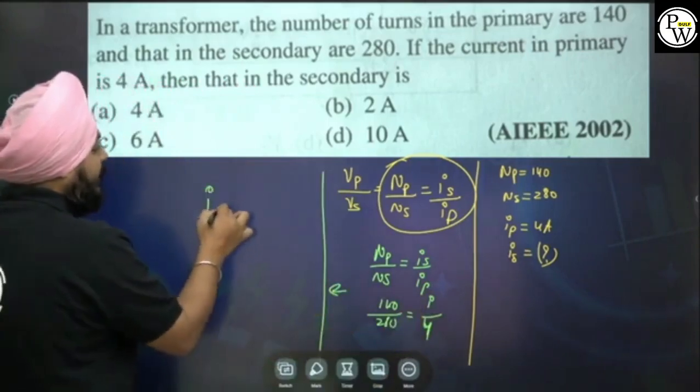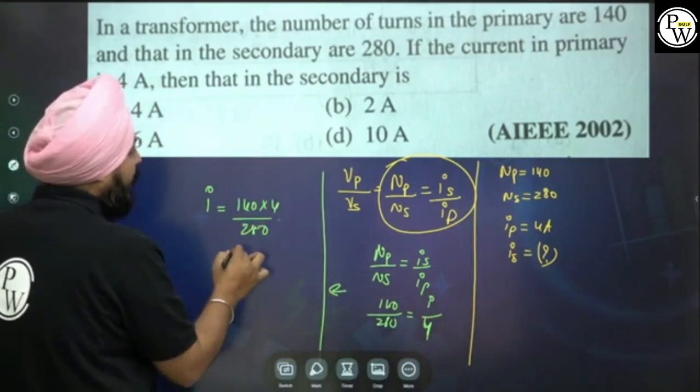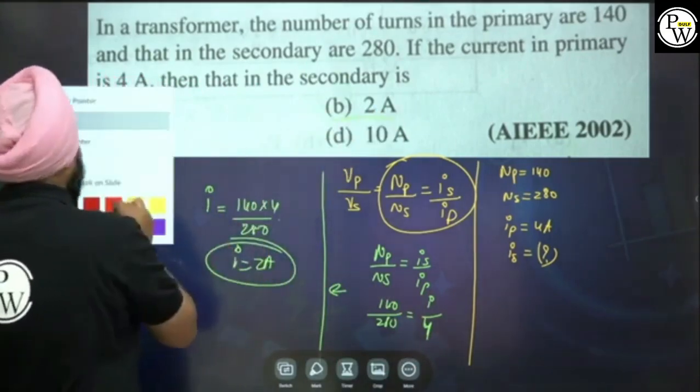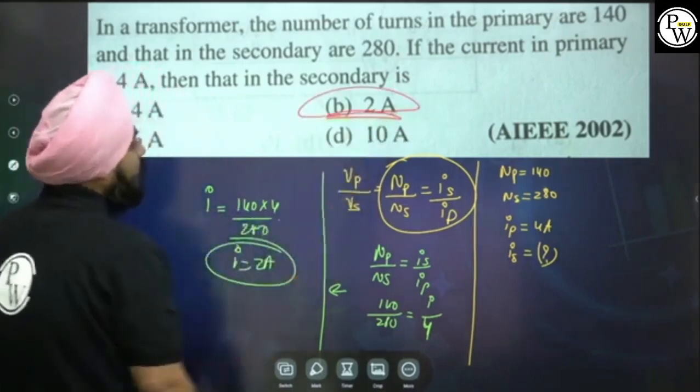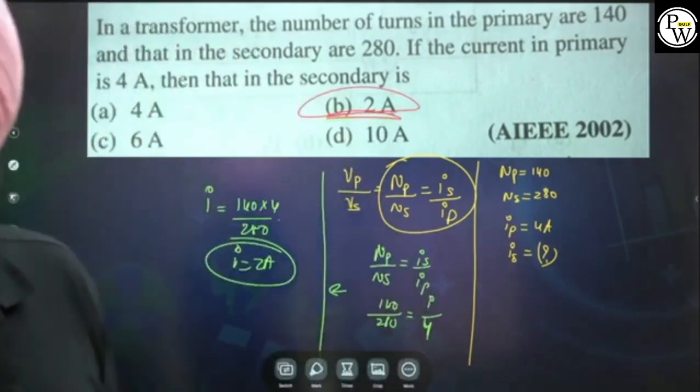So I is equal to 140 into 4 divided by 280. I is going to be 2 ampere. This is going to be the perfect answer for this specific question.